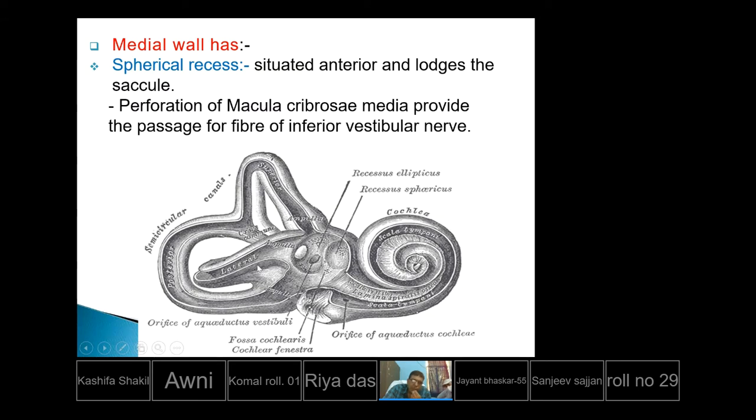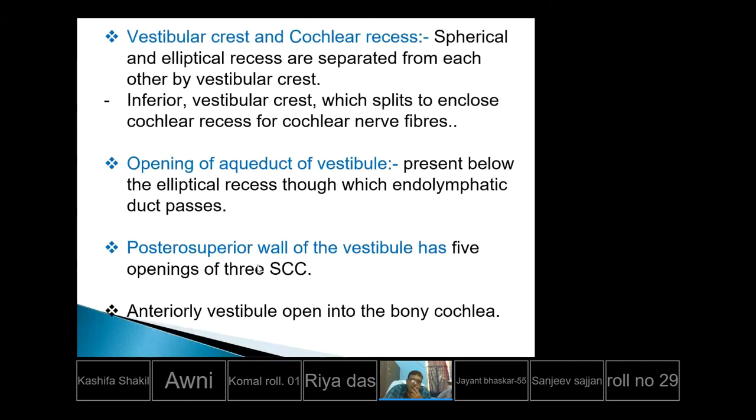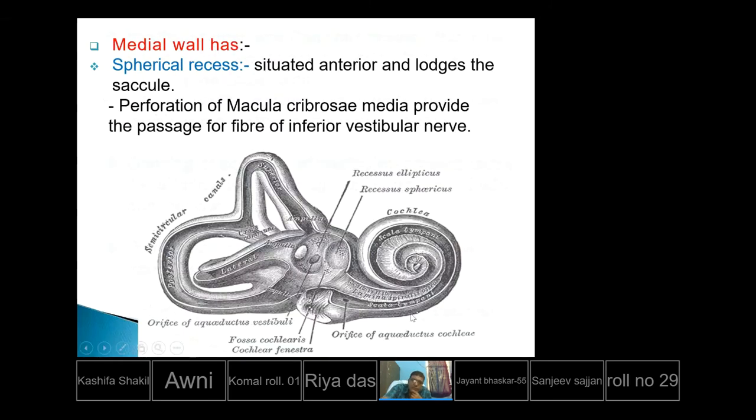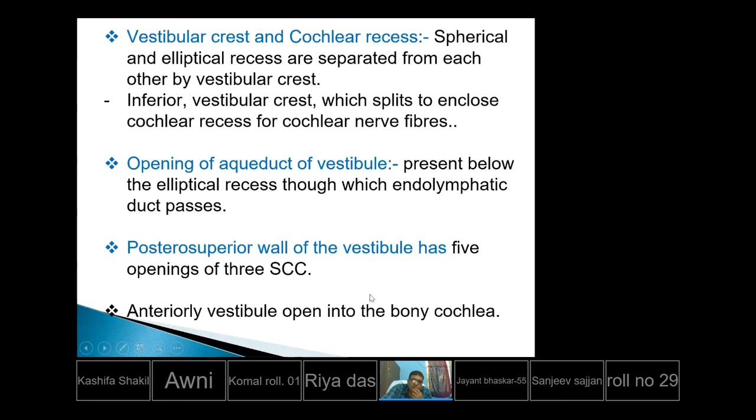They open by 5 openings over the superior, posterior, and inferior surface of the vestibule. Now, the vestibule opens anteriorly into the bony cochlea. So here it's clear that this is the anterior part of the vestibule, which opens into the bony cochlea in this figure.